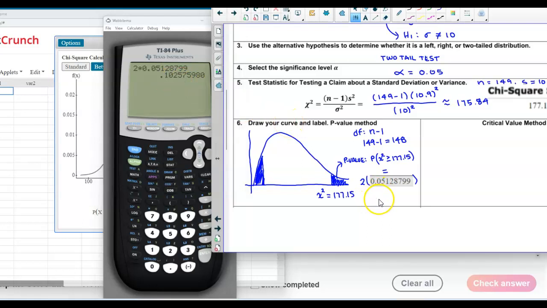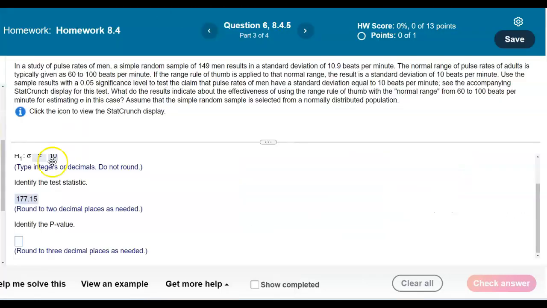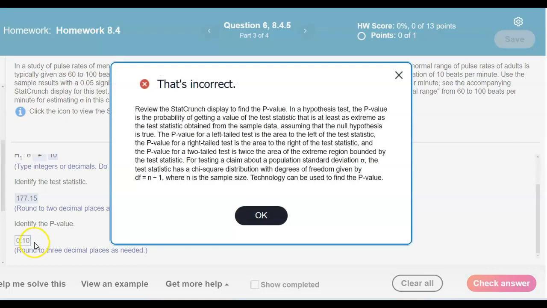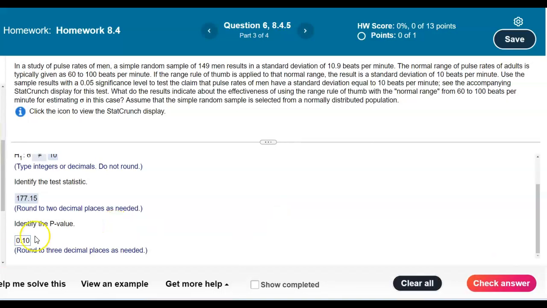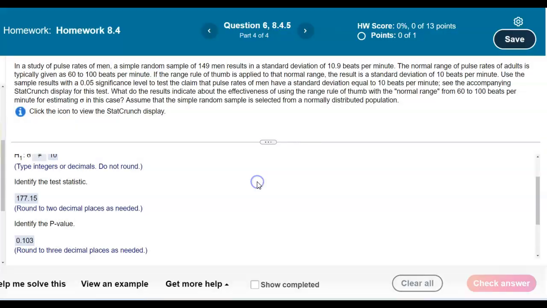So we get the p-value to be 0.103. Okay, let's check our display. When we come up here, we get a p-value pretty close to that, which is 0.1026, and rounding that to 3 decimal places gives us 0.103. Oops, hit enter too fast. Let me put in 0.103 there, and there's our result.